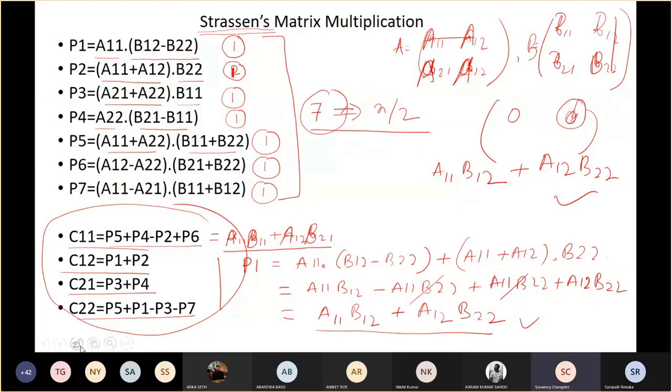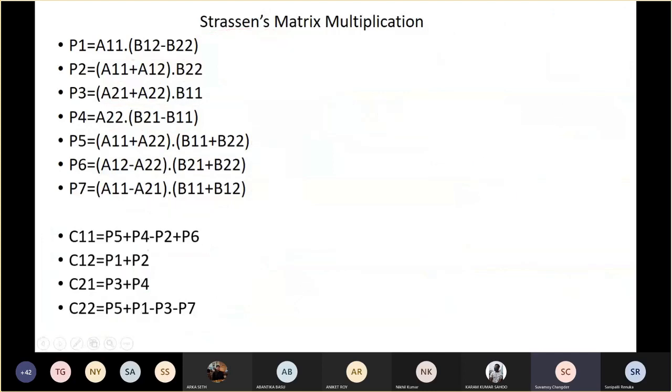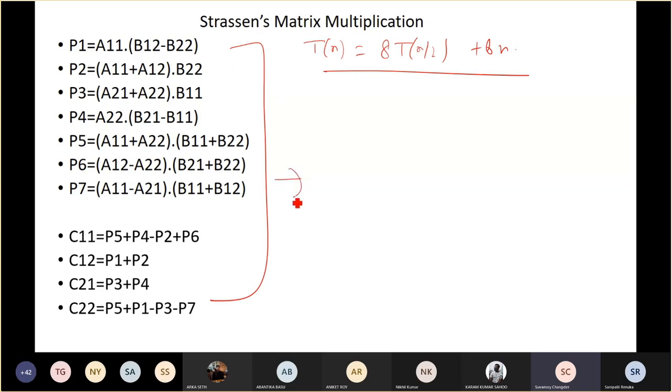So then, what will be the recurrence? Instead of T(n) equals 8T(n/2) plus b into n, from Strassen's algorithm we can write the recursion as 7T(n/2) plus some constant b into n.